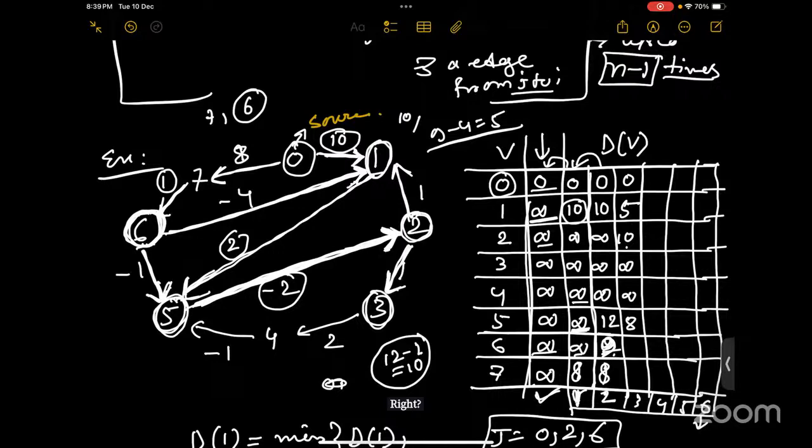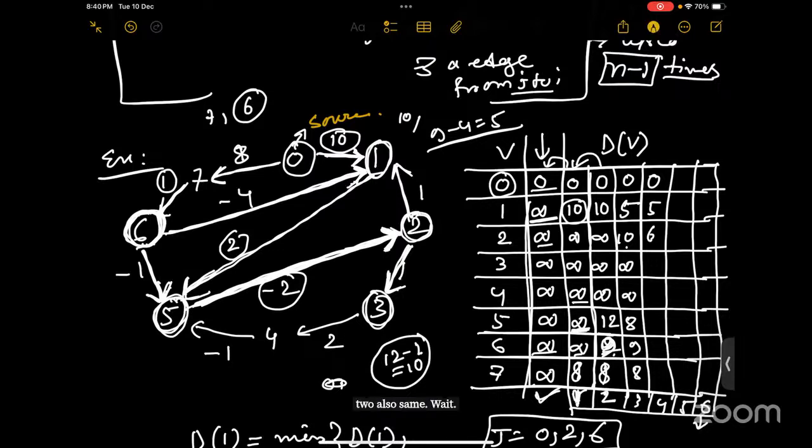Okay, so what will be the distance of 6? 9. 7? 8. Okay, again we will do the same thing in the next step. So 0, for 1 it will be 5, for 2 it will be 6. 2 also same, ma'am.